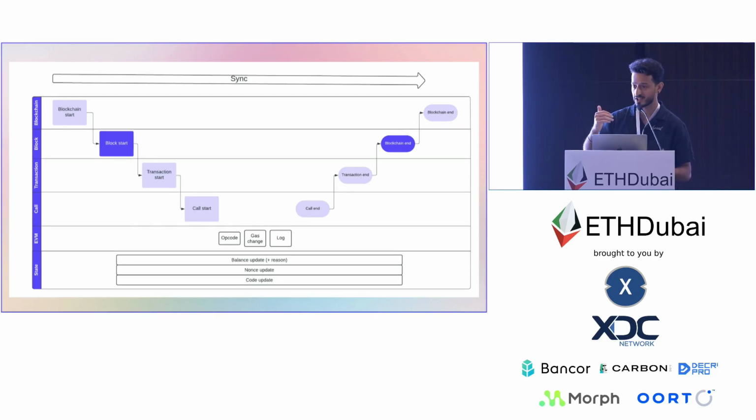While processing the transaction in block 2, I'm going into one of the calls. It's an EVM call here. And such and such opcodes were executed, gas changed, there were logs emitted, and so on. And you will see one call finishes, the next call starts, next transaction, next block, and so on. And you kind of get the idea.